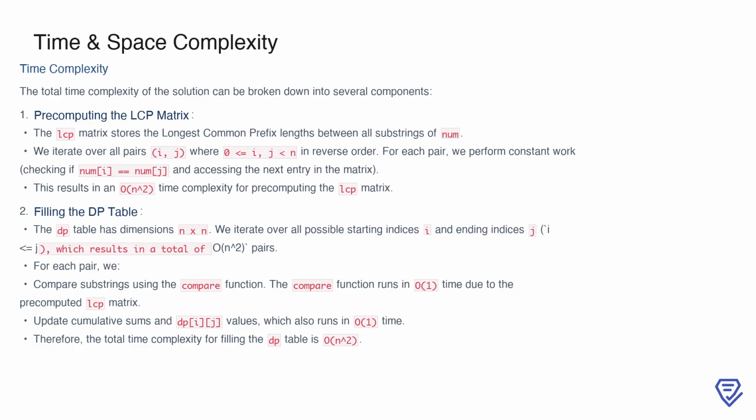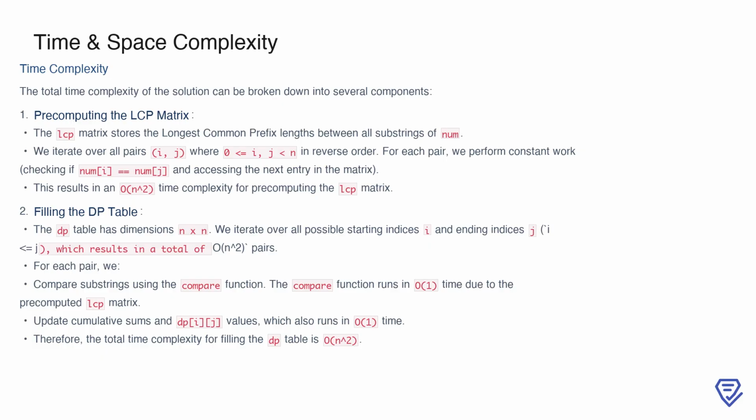Next comes the process of filling the DP table. The DP table has dimensions n by n, and we iterate over all pairs of starting and ending indices, i, j, such that i is at most j. This gives us O(n squared) pairs. For each pair, we use the compare function to check substring relations, which takes O(1) time due to the pre-computed LCP matrix. Additionally, we update cumulative sums and values in the DP table, which also takes O(1) time per operation.